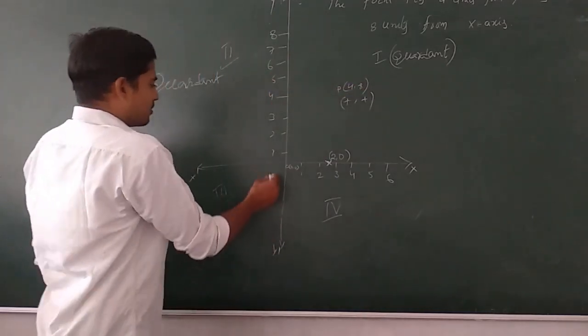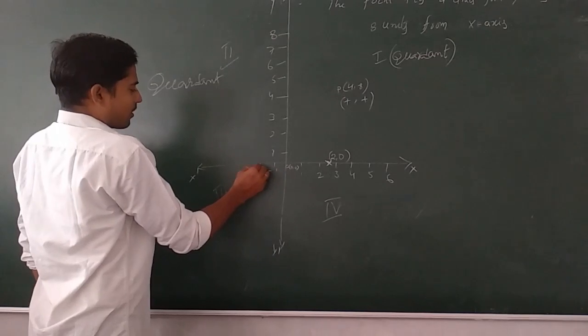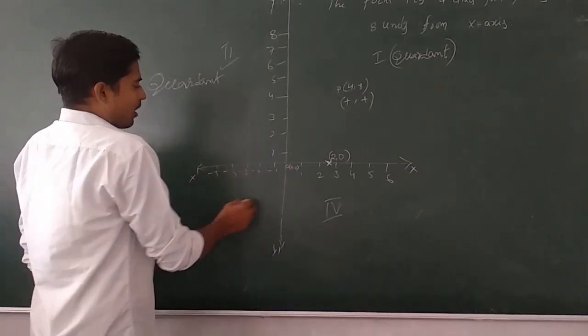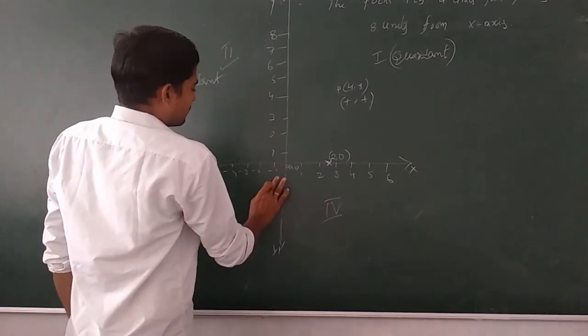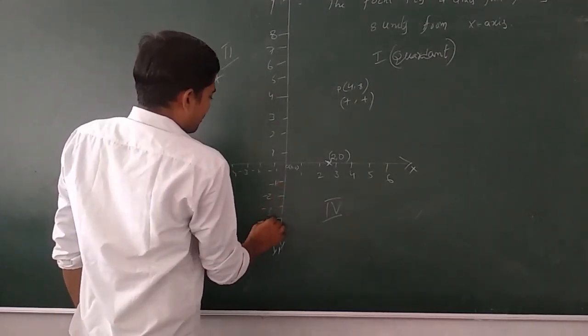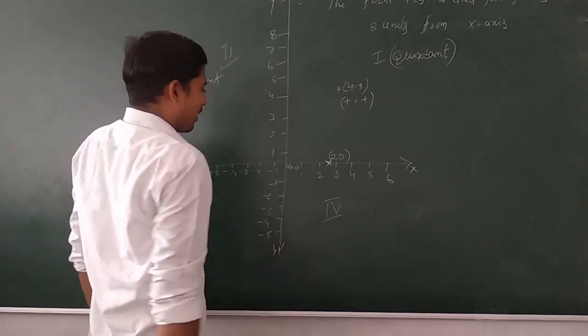The point which lies in the second quadrant, then one is negative and one is positive. What is negative here? -1, -2, -3, -4, -5. And then -1, -2, -3, -4, -5.